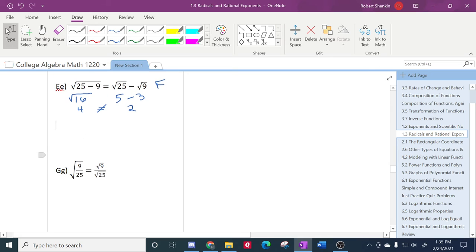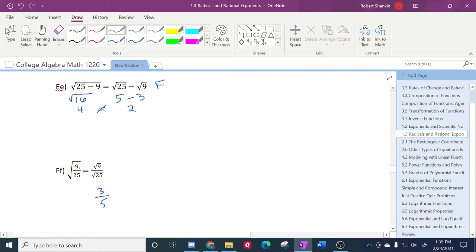Do this one, and let me call it F. And the right side, that's the easier one. That's a 3, and the square root of 25 is 5. So this one is 3/5. But is the left one 3/5?